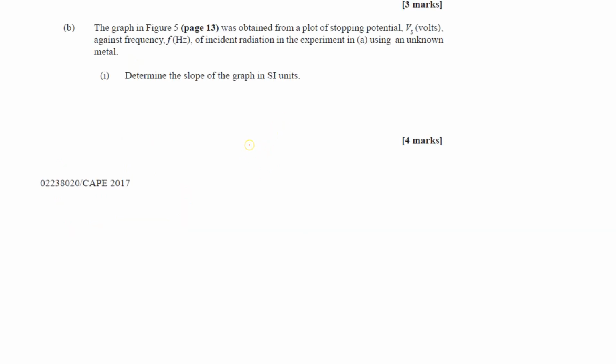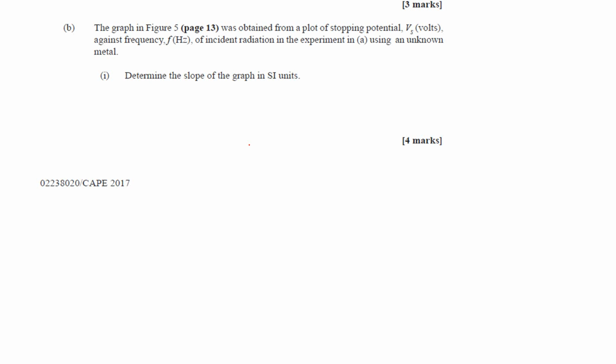Now, there's another question here. It says that the graph in figure 5 was obtained from a plot of stopping potential. So you can see this question says stopping potential and not stopping potential energy. So that's a difference.